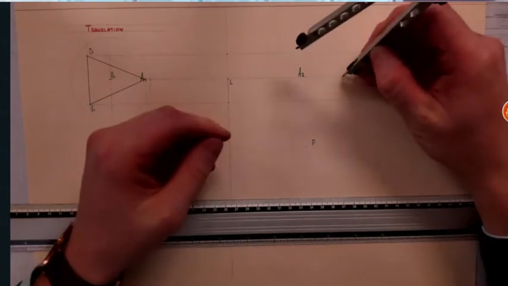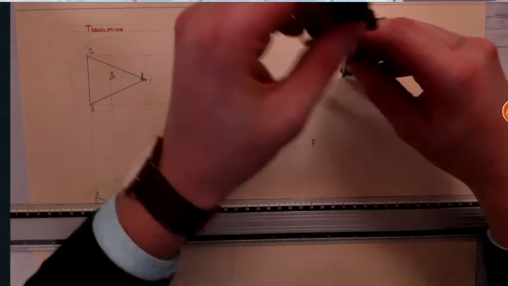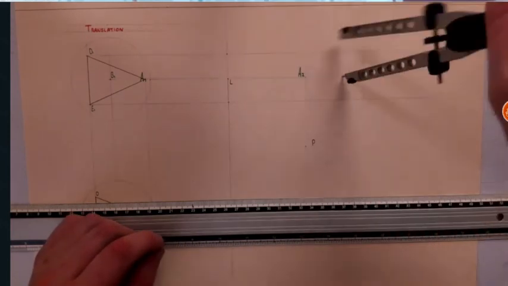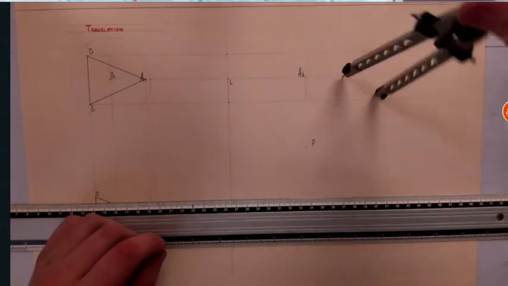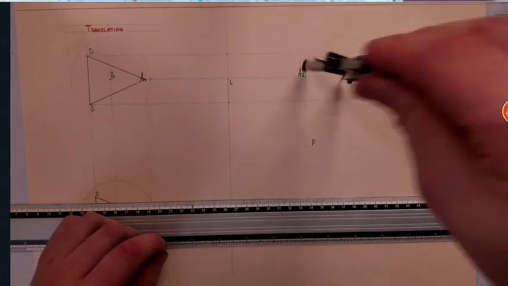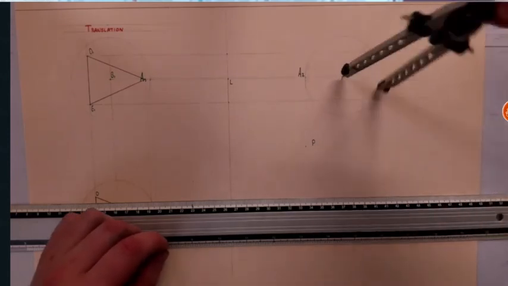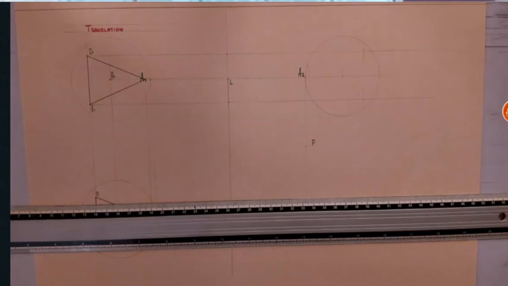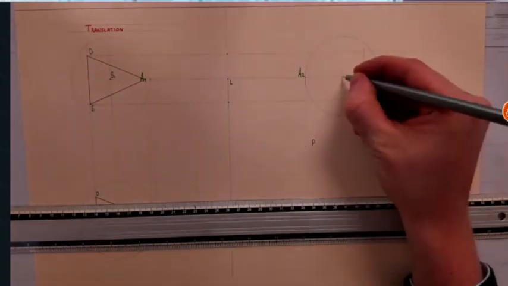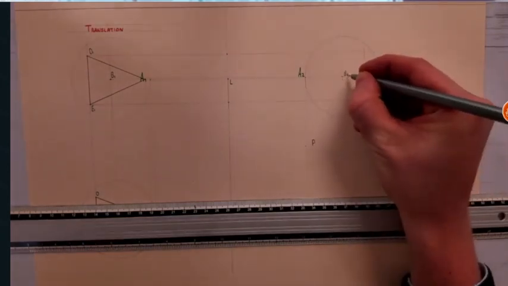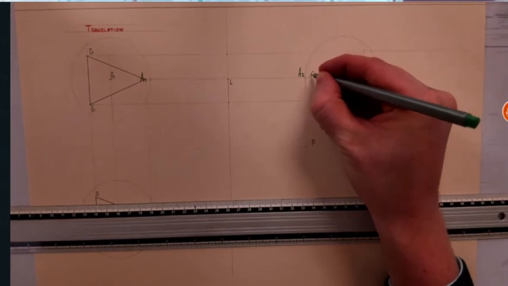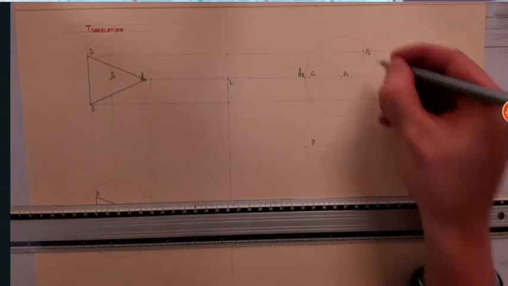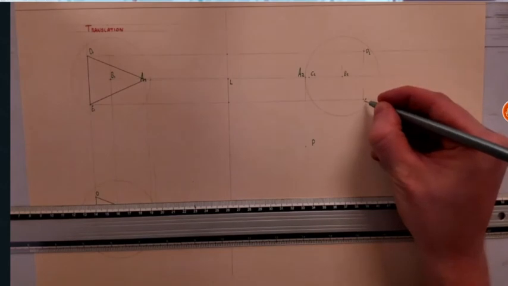Okay, so compass here at the centre point, and swinging a firm line at the compass, and labelling four points. So we're going to have B1 becomes B2, C1 becomes C2, D1 becomes D2, and E1 becomes E2.